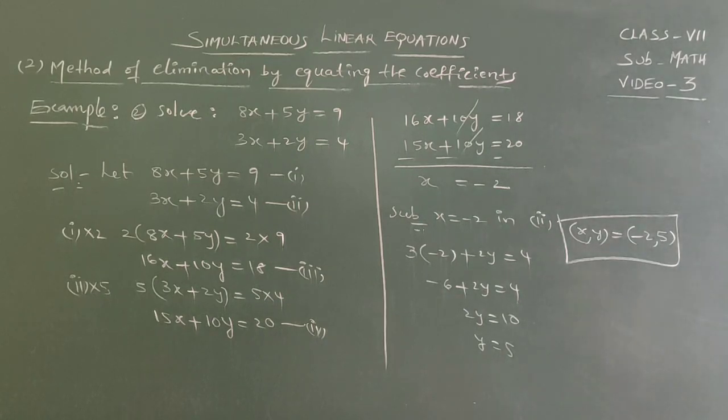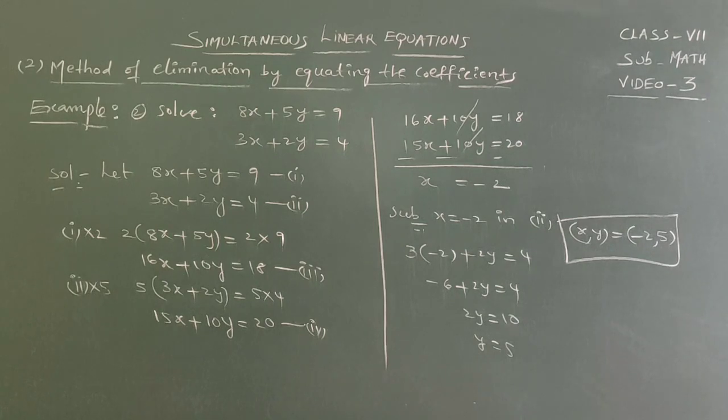Here we got 16x plus 10y equal to 18 and 15x plus 10y equal to 20. Now we got the same coefficient of y with the same sign. That's why again we need to subtract for getting eliminated y. Now 16x minus 15x equal to x. 18 minus 20 equal to minus 2.